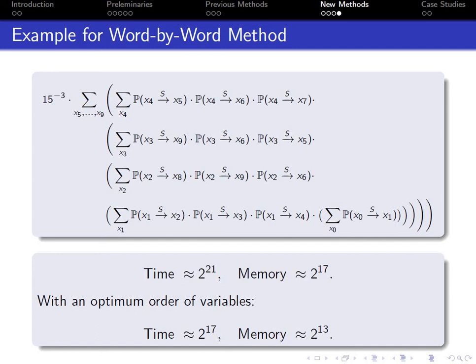Even so, the example brought here is based on the linear layer using binary multiplication of the words. Our methods can be applied to block ciphers with different linear layers, and we showed it in our case studies.